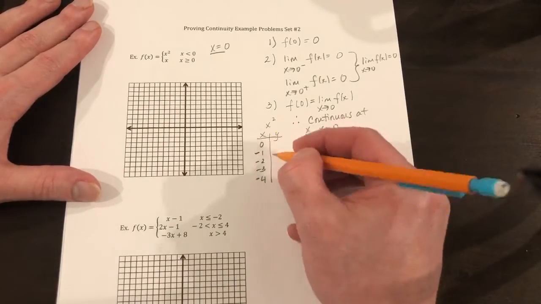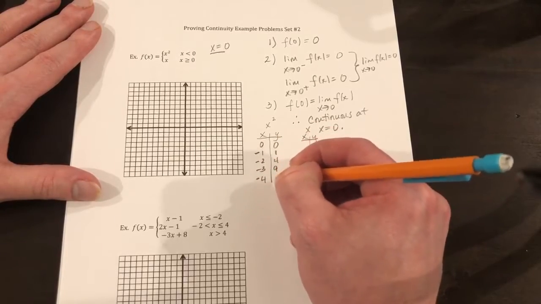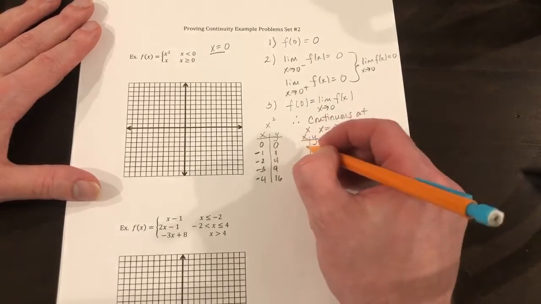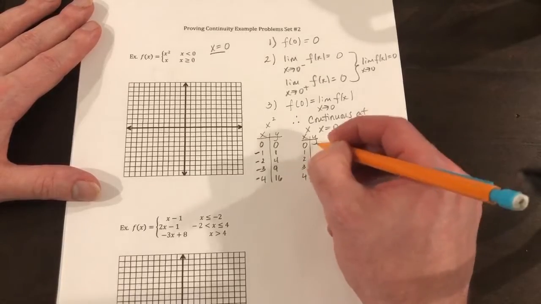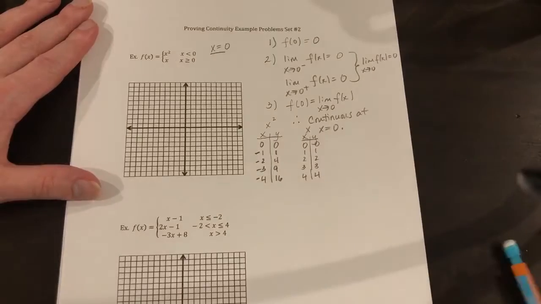Plugging into x squared, 0. Anything squared is always positive, guys. Make sure you remember that. And then if I'm plugging into the line y equals x, I'm starting at 0, 1, 2, 3, and 4.